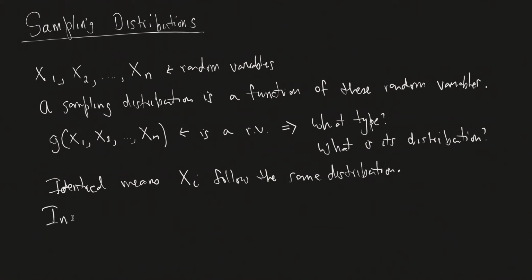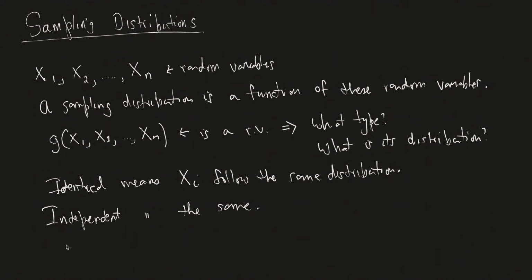Independent is a concept that we have used quite extensively in the past, and independent means the same thing: whatever happens with the first random variable is not going to affect the likelihood of any of the outcomes on the other one. So if we make the assumption that these are all identical and all independent of each other, we say that the xi's are IID.